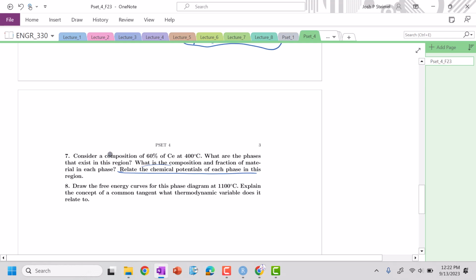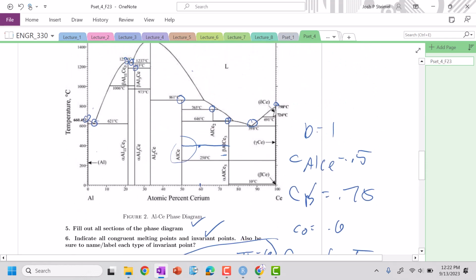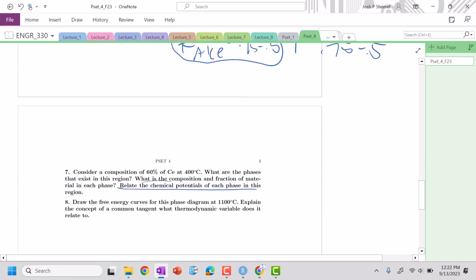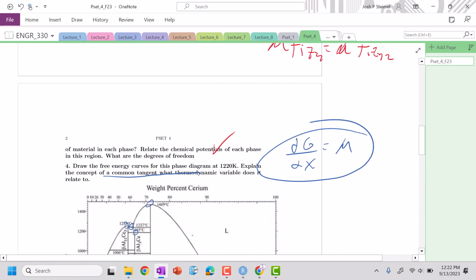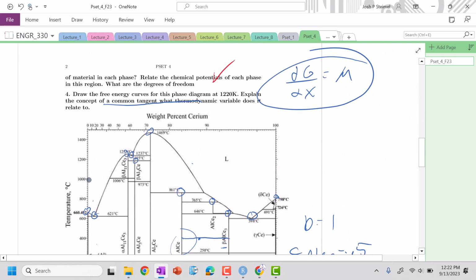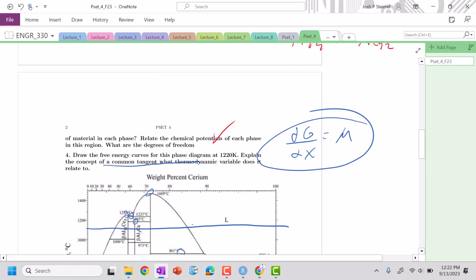All right. And then finally, 1,000 degrees. What is it? 1,100, excuse me. So very similar type of graph that we can kind of draw here. So you want to illustrate those two-phase regions.